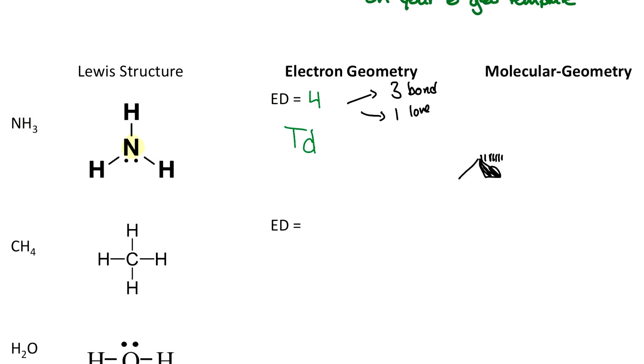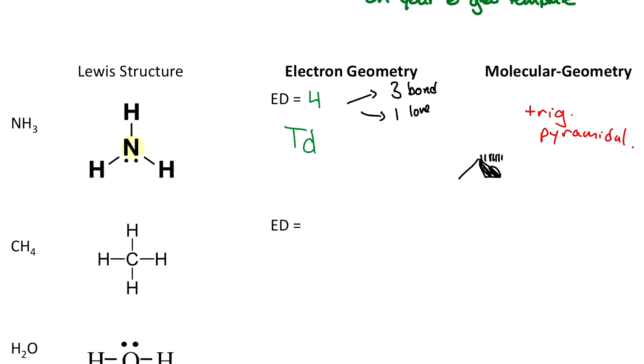We can't see it, right? So we're just going to erase it and then say what shape is left over. It's like a triangle base. So we call this trigonal pyramidal.